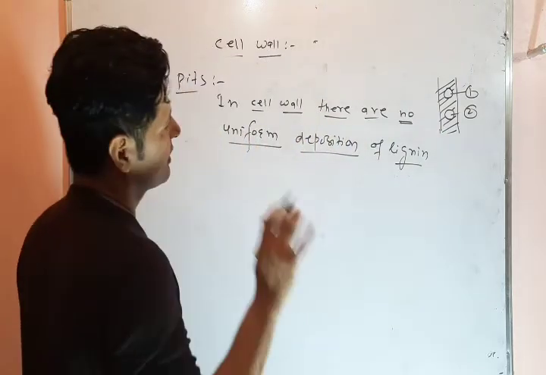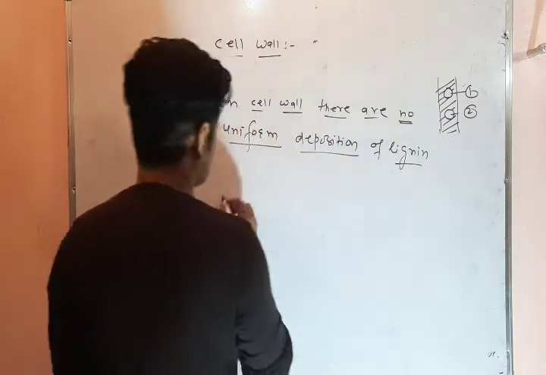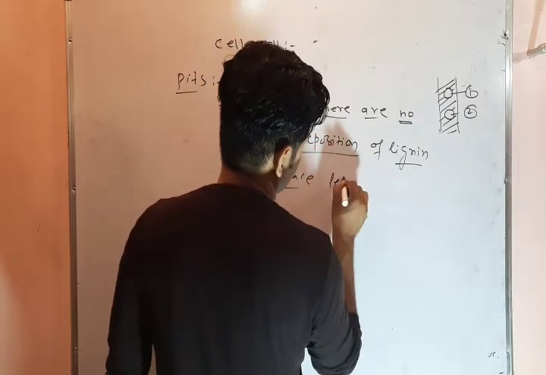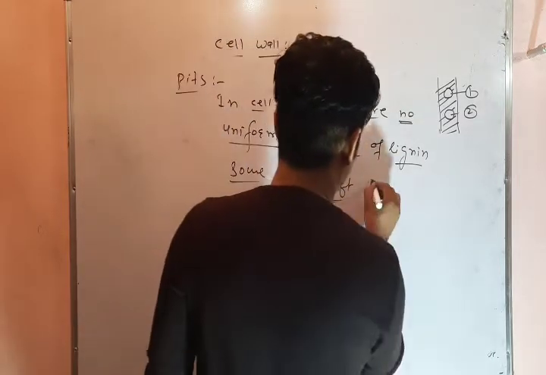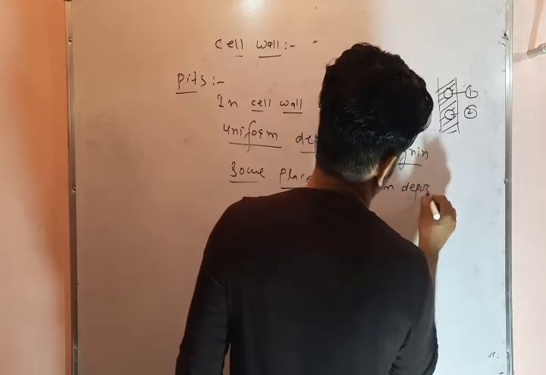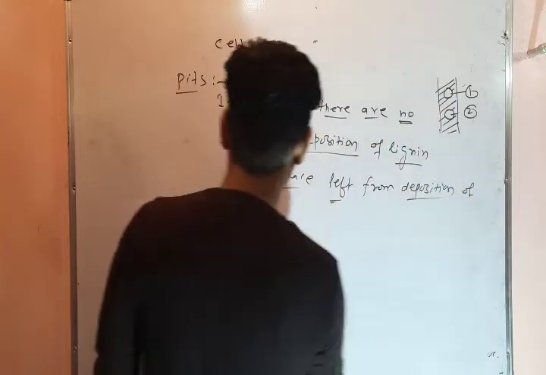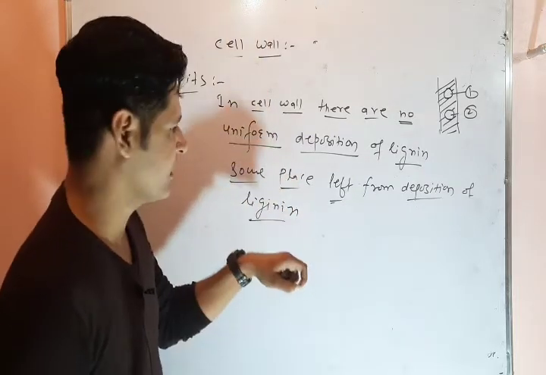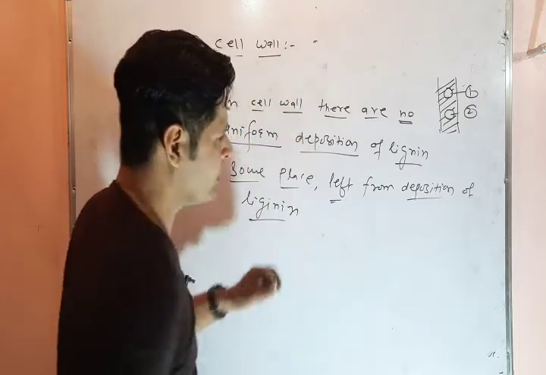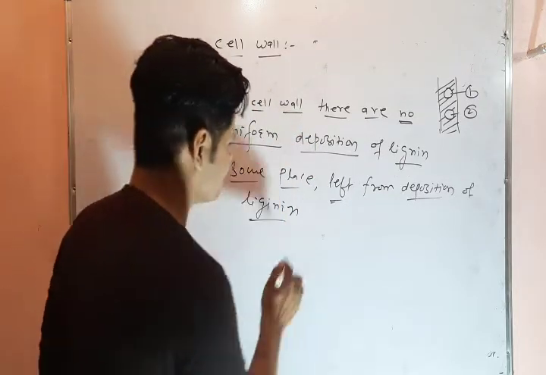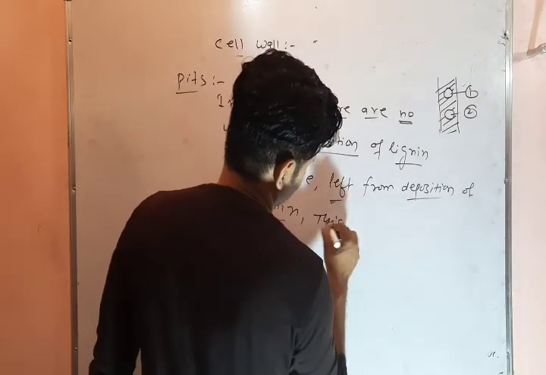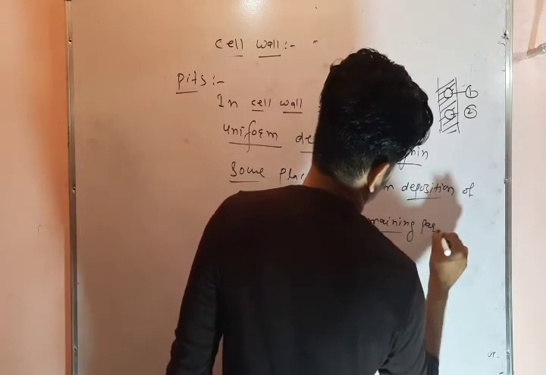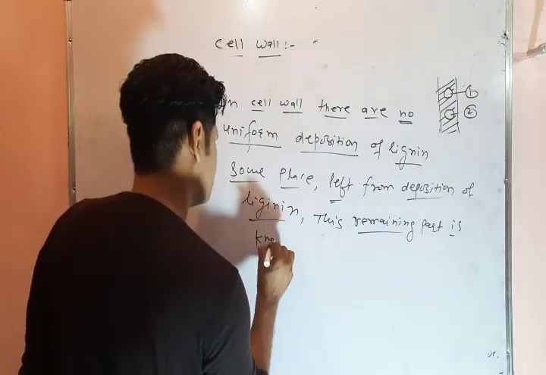Some places are left from the deposition of lignin, and this left part is known as a pit. This remaining part is known as a pit.